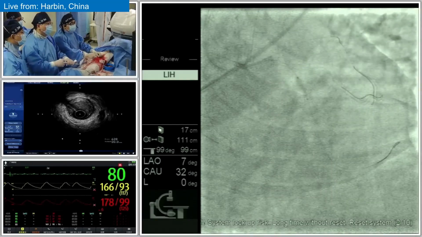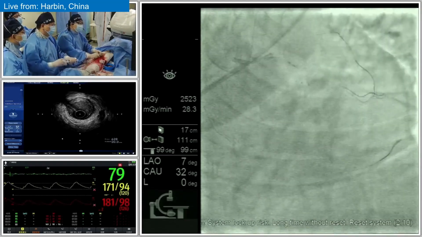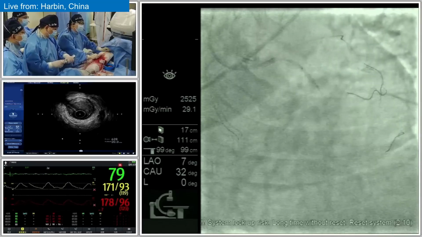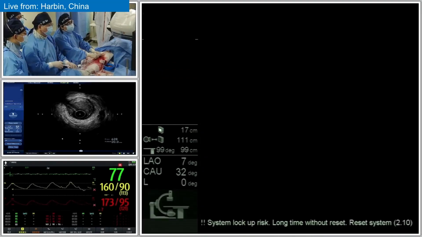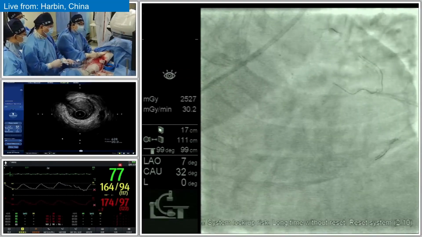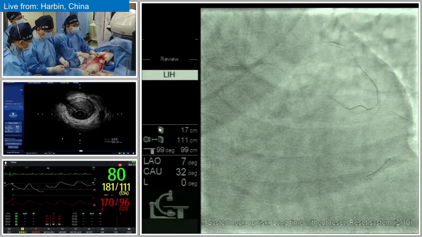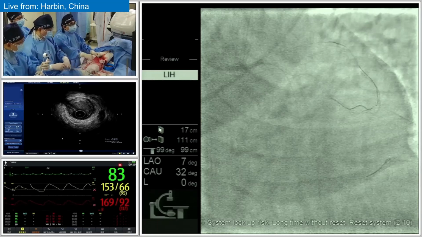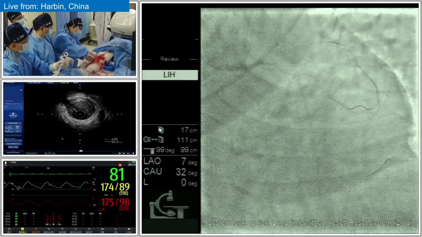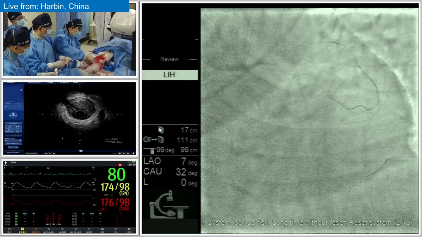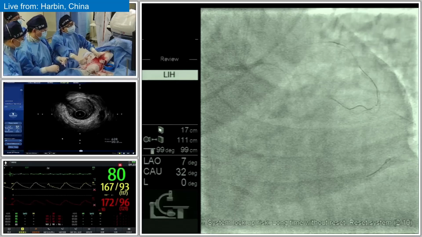Yes. So right now you are trying to pre-dilate the lesion, right? Yes. For this patient, if the first wire we chose fails to cross the segment, next we will perform antegrade wire escalation and increase the stiffness of the tip of the wire.